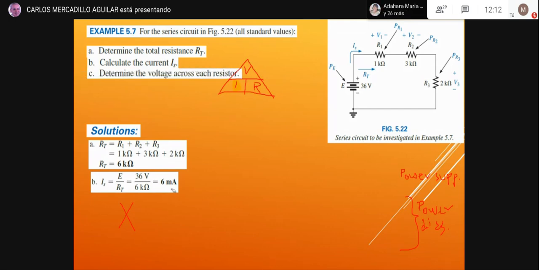So once you know the current, and because it's the same current across all the resistors, we can obtain the value of the voltage. For the voltage, we cancel the letter V, and it will be I times R. So it will be 6 milliamperes times 1 kilo ohm.